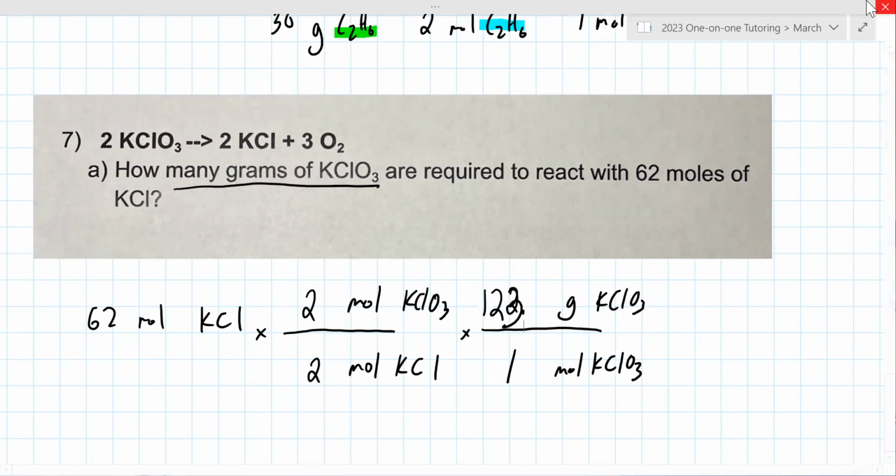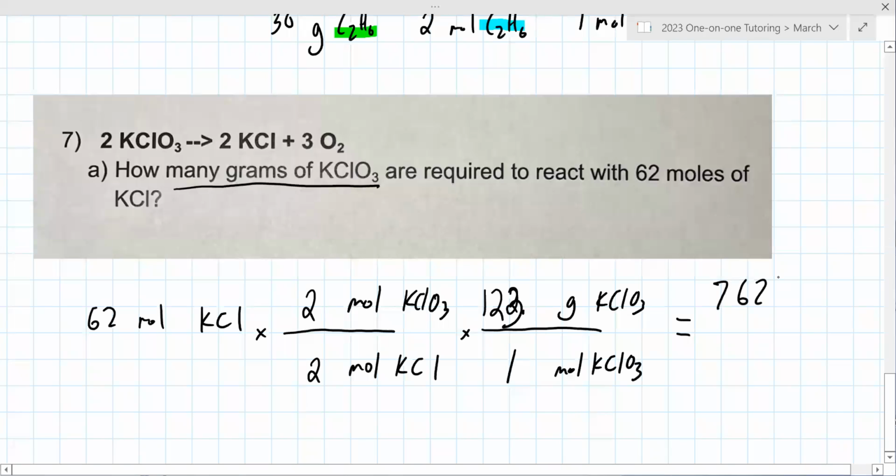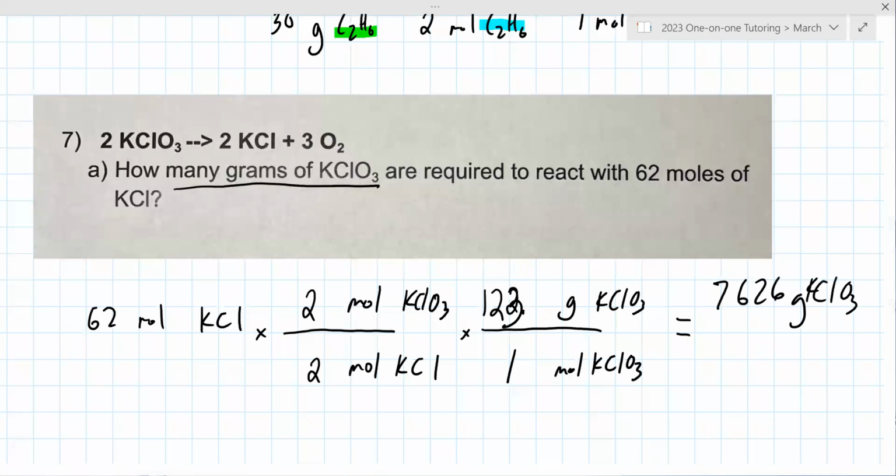You don't have to be that close. Very good. And then now we just multiply, and we get 7,626 grams of KClO3. Very good. 7626.